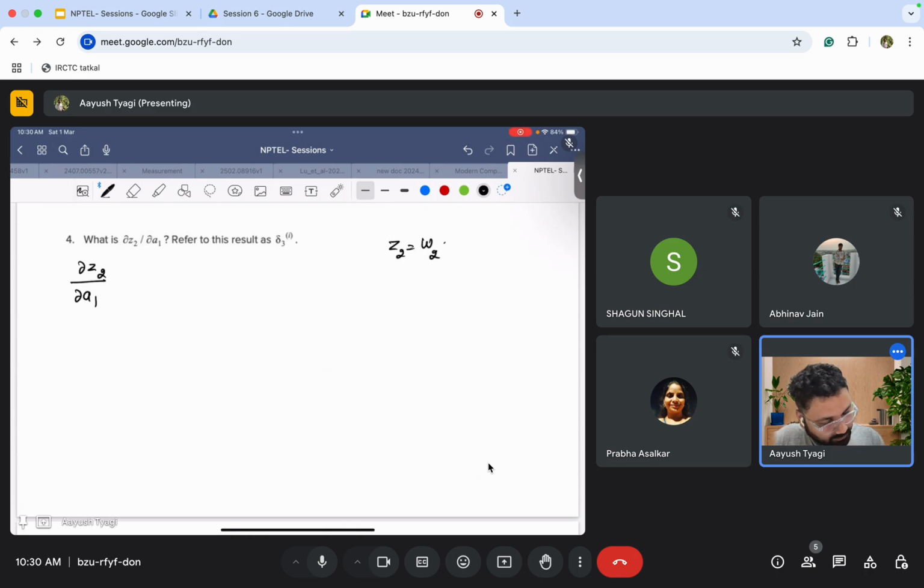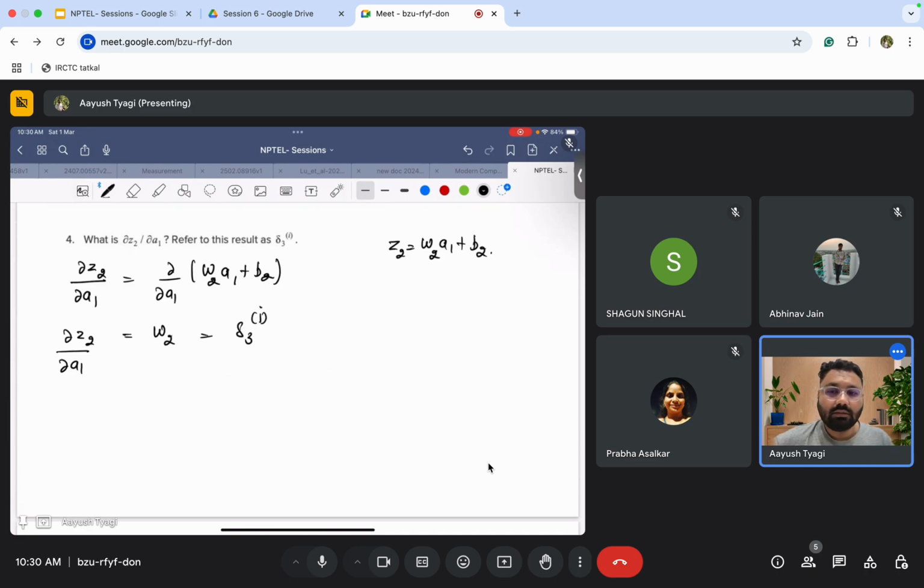So what we are required to compute is the derivative of w2 a1 plus b2 with respect to a1, and it will turn out to be w2, right? Let's call it delta 3.